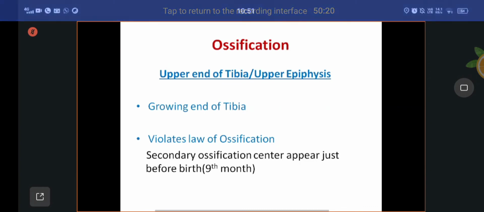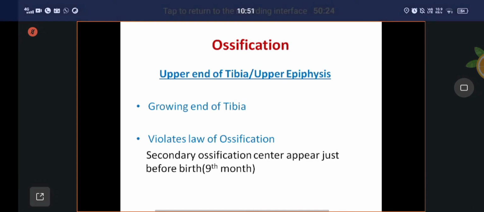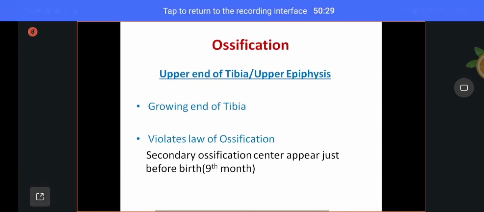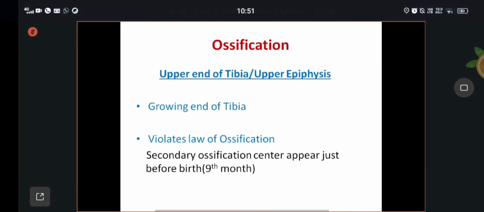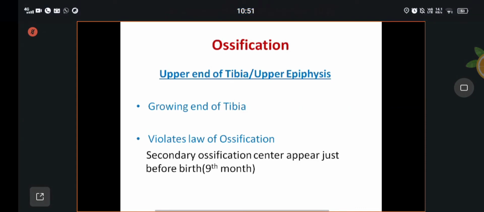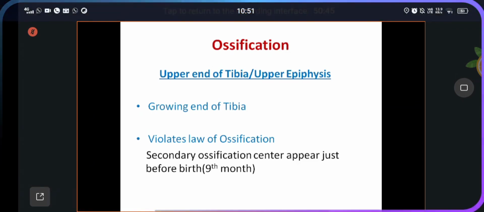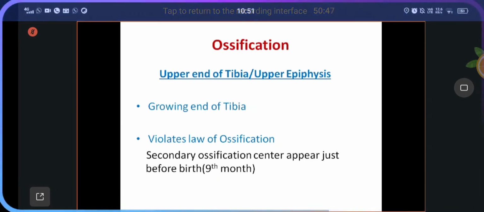The reason is that the child first tries to support his body's balance, his weight. First you have to balance your body and then start to move your body with the help of muscles. Because of this, the pressure epiphysis appears first, then the traction epiphysis.